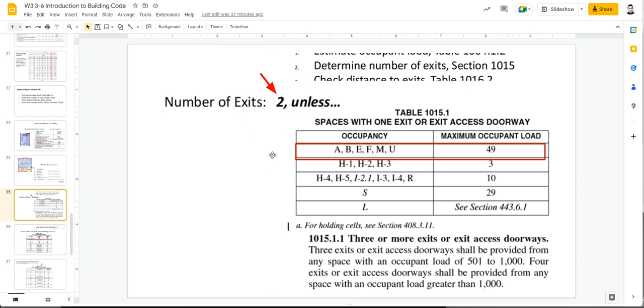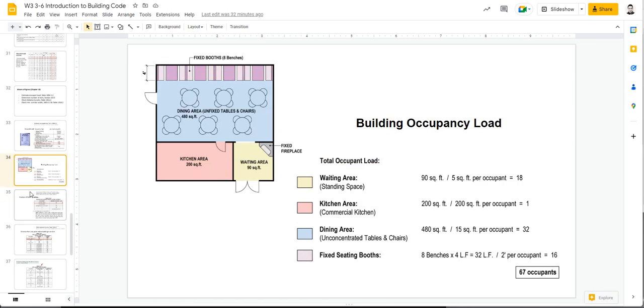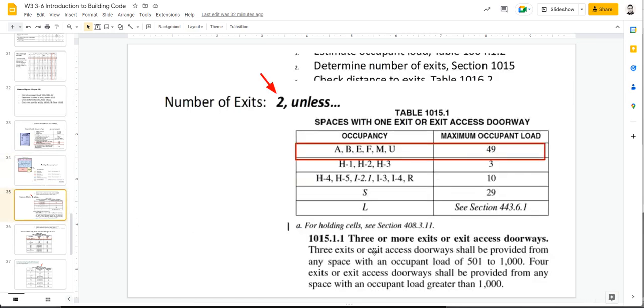Now there are also some exceptions, or things that would trigger more exits. If you have 501 to 1,000, then you would have three or more exits. Four exits if you have more than 1,000.